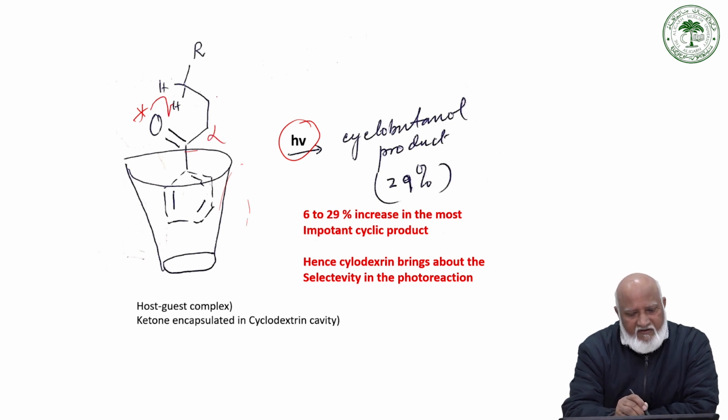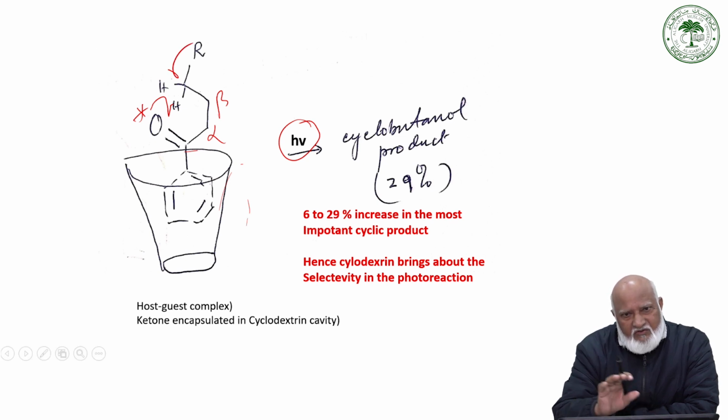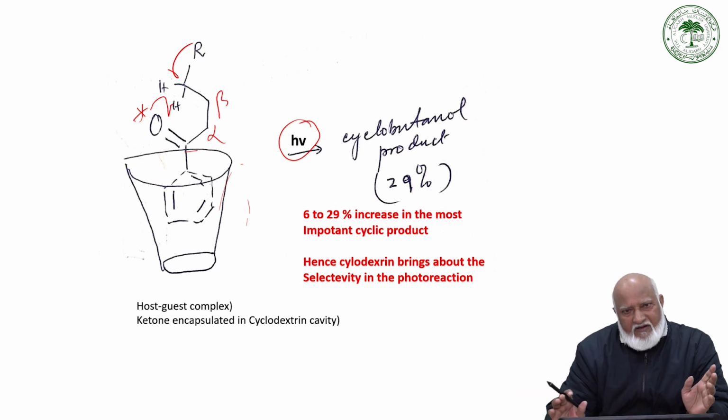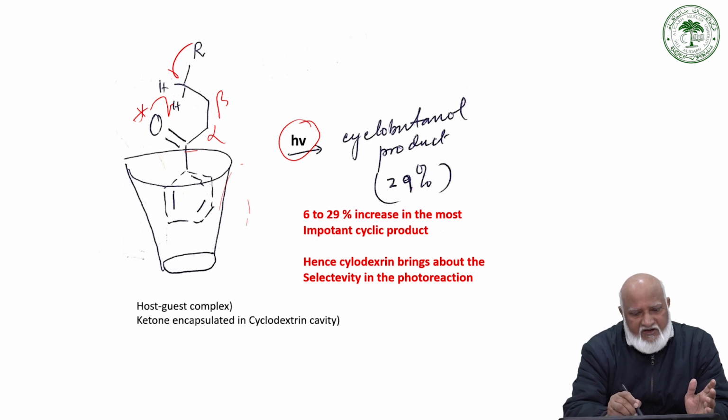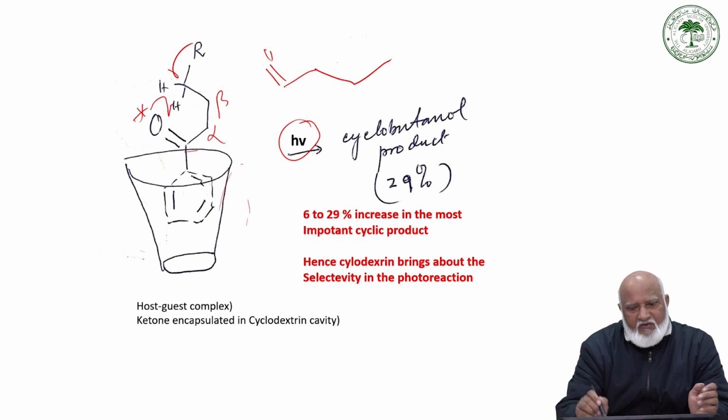This is alpha, beta and gamma hydrogen. Whereas if the molecule is not in the cavity and it has free movement, it has a lower probability of abstracting this gamma hydrogen, because the molecule can be oriented this way and that way.